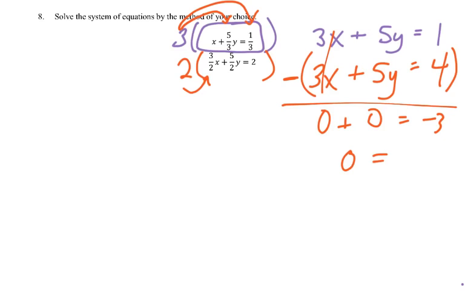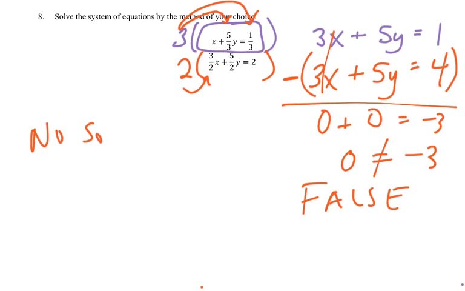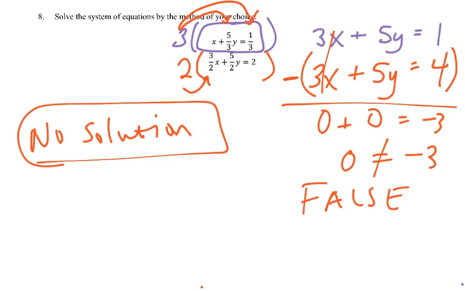So I end up getting 0 equals -3. This is false. This is not a true statement. So that means that there is no solution to the system of equations. Remember, we talked about in the first video the 3 situations you might see. This is an example where I would get no solution, since 0 will never be equal to -3.